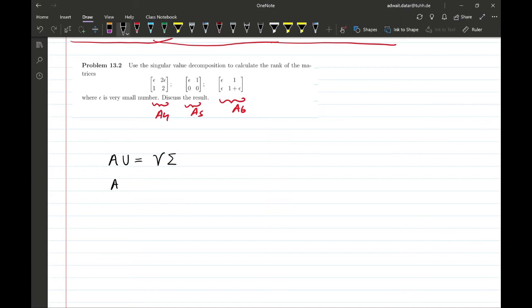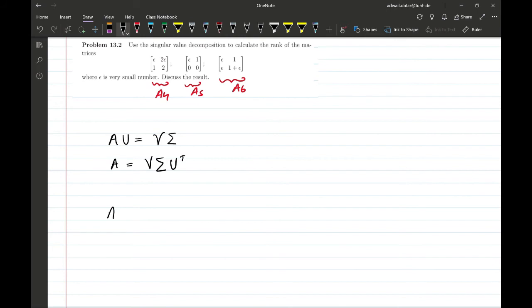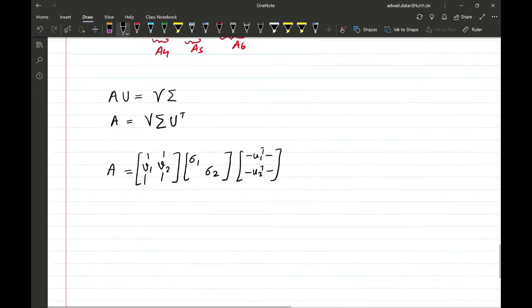Now this just means that A is V sigma U transpose, which I now write down as (V1 V2) times sigma times (U1 transposed, U2 transposed).